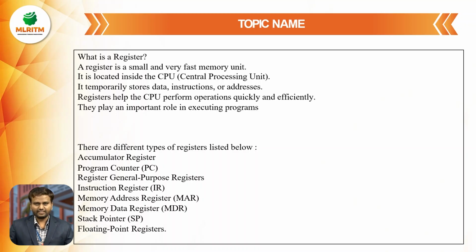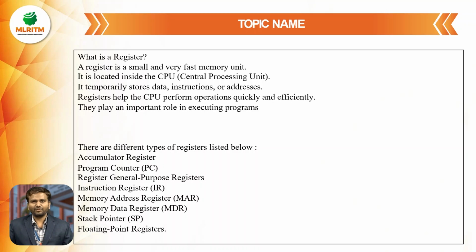A register is located inside the CPU, that is, the central processing unit. In the central processing unit, the register temporarily stores data, instructions or addresses. Temporary storage of data means that whatever input we give will be stored in the register. The register temporarily stores the data and is responsible for processing data from one register to another.